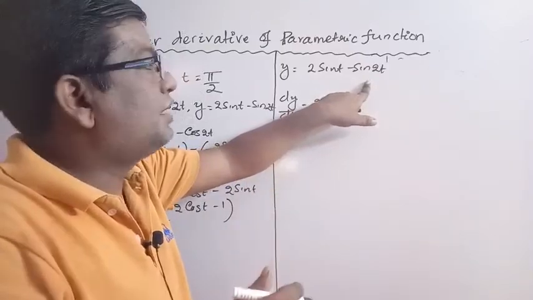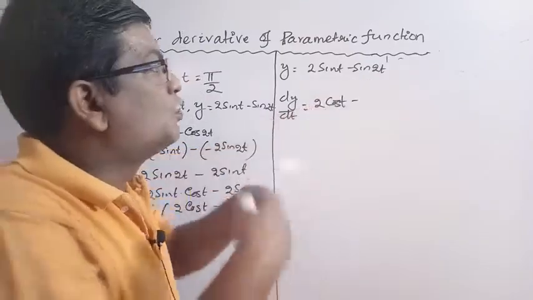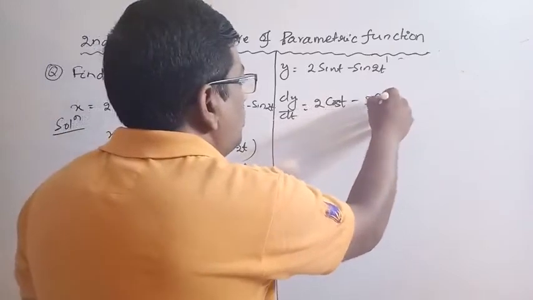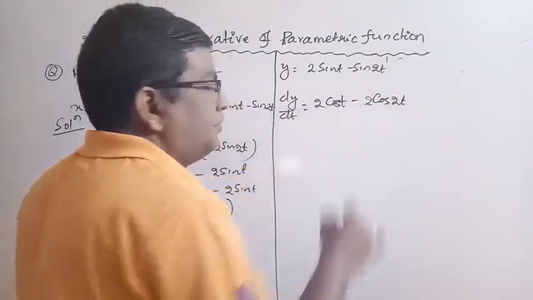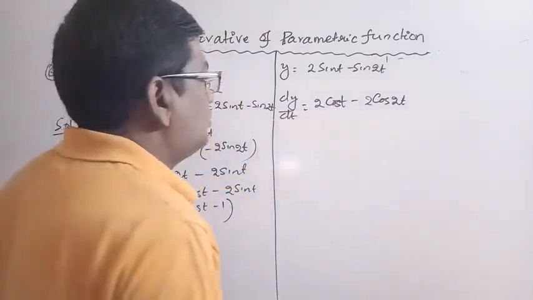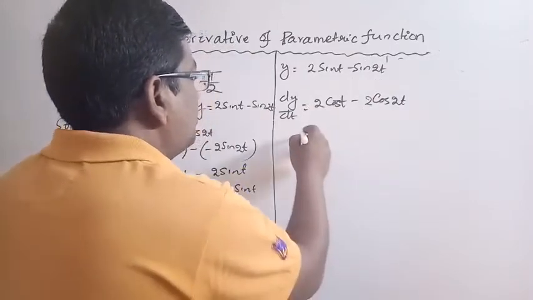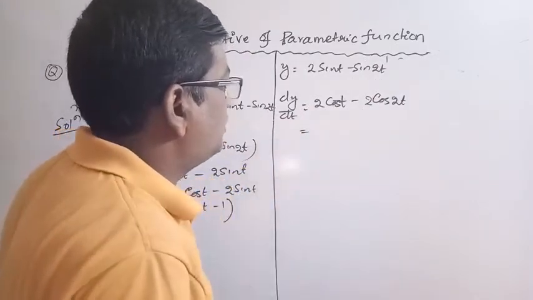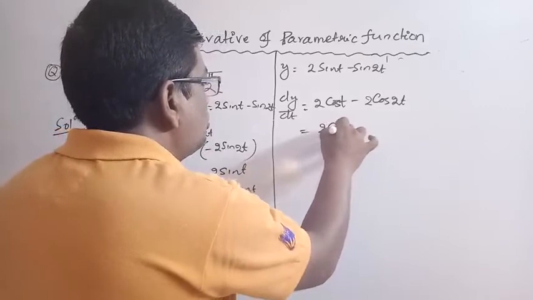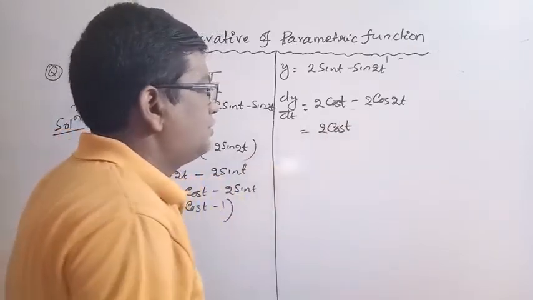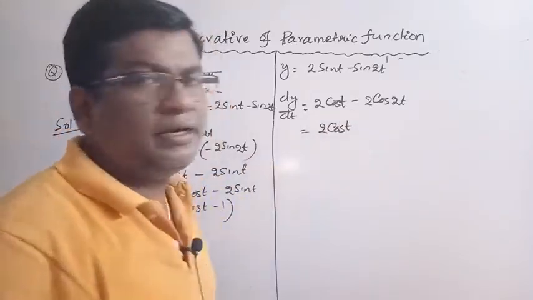So the derivative of sin 2t with respect to t is 2 cos 2t. So this is equal to 2 cos t minus 2 cos 2t.